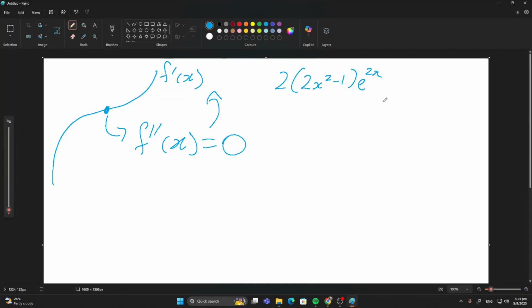Yes, when this equals 0, and because this is a constant, this is also a constant, we're just left with 2x squared minus 1 equals 0. Actually, do we need to include this?